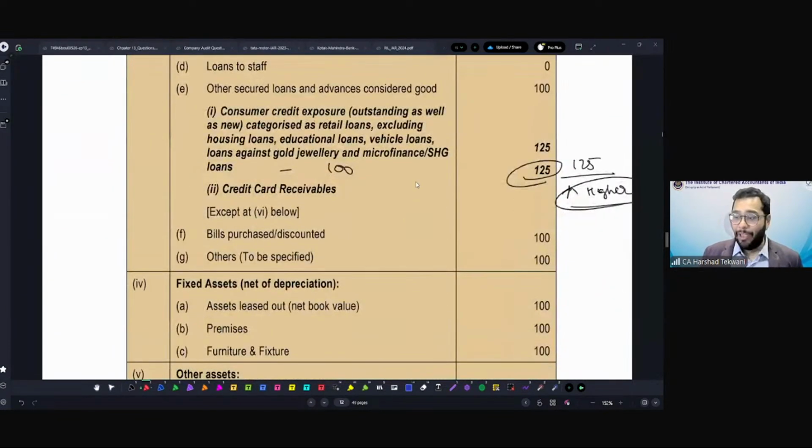Okay, over here, microfinance and this one. This is nothing but your self-help group. Small groups, just like small vendors. You provide loans to them. Basically, there is a scheme for financing self-help groups.